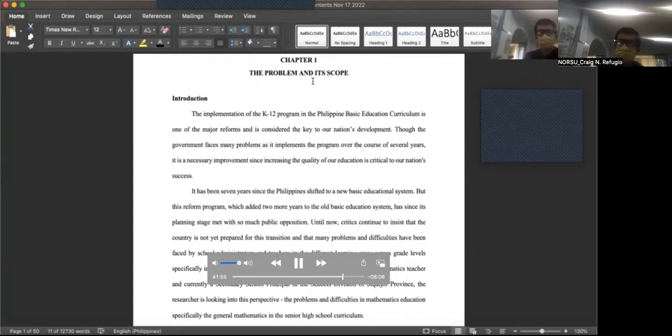First page, the title of your research proposal. Jot it down on the first page, on top. And then somewhere at the middle, by then your name.